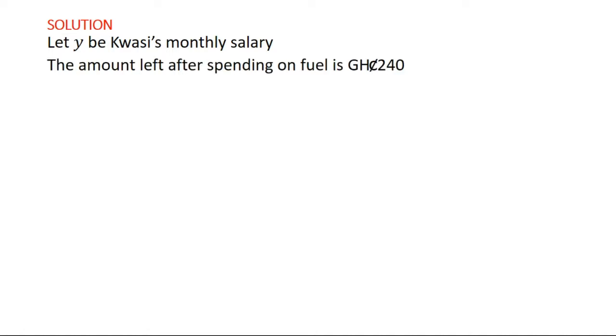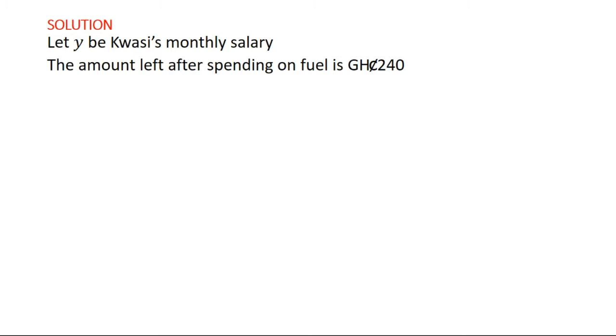So let's begin. Once again, since we don't know his monthly salary, and that is the main thing we have to look for here, we represent that with a variable y. So we say that let y be Kwesi's monthly salary. Then we know that the amount left after spending on fuel is 240 Ghana cedis. So after spending on fuel, he still had 240 Ghana cedis left on him.